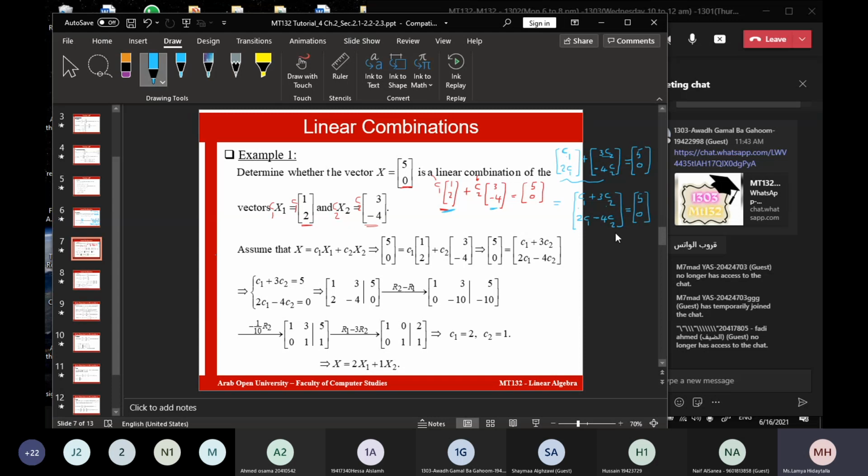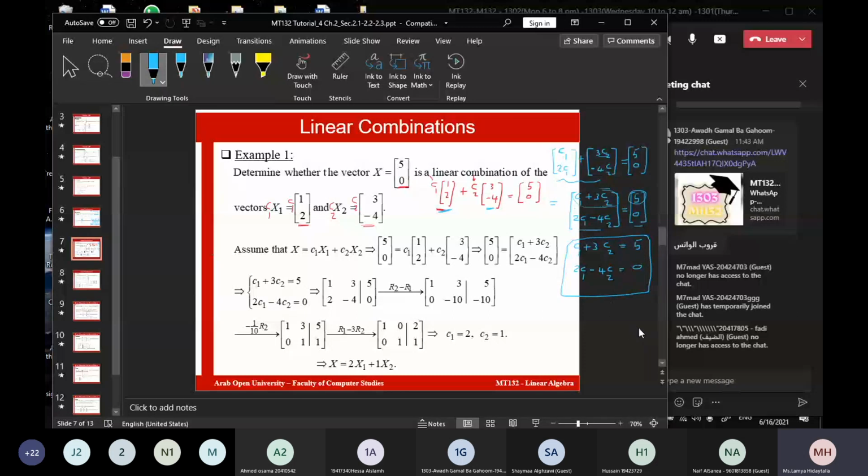But we said that two vectors are equal if each element is equal to the corresponding one. That means we have C1 plus 3C2 should equal 5, and 2C1 minus 4C2 should equal 0.